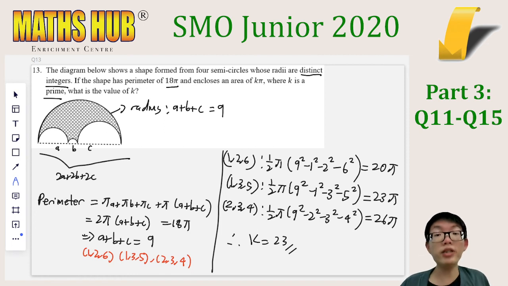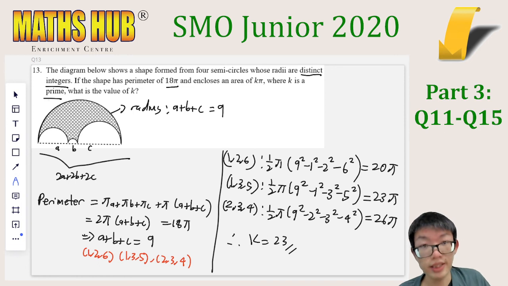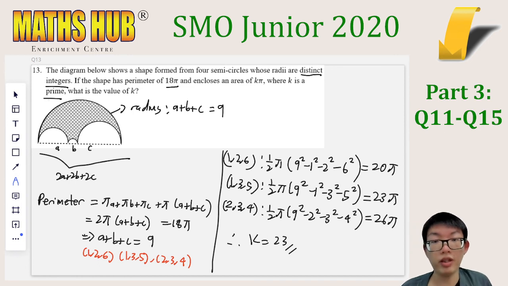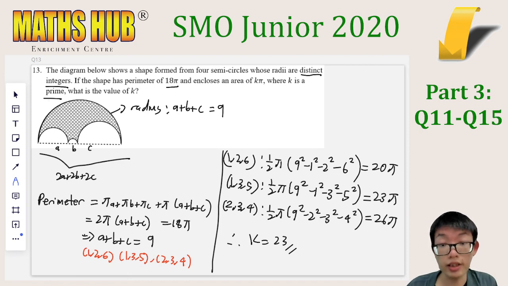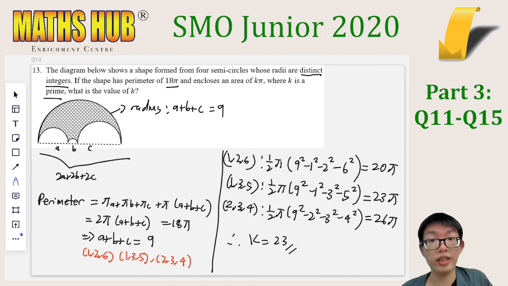However, if we keep on trying to look for more information about that, we're not going to get any further, because in fact, without the condition that they are distinct integers and prime, there would be arbitrarily many possible values of a, b and c, which could give you lots of different possible areas of your shaded region. So the only way that we're able to do this is to notice that a plus b plus c equals 9 is a strict enough condition that we can consider just 3 cases of what the radii could be.